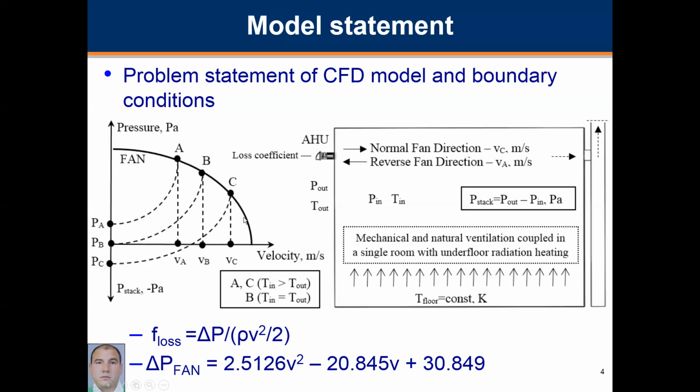Point C is the point of the fan when the direction of the airflow is through the room air supply direction, and point A is the point of the fan when the direction of airflow is to the atmosphere air exhaust direction.